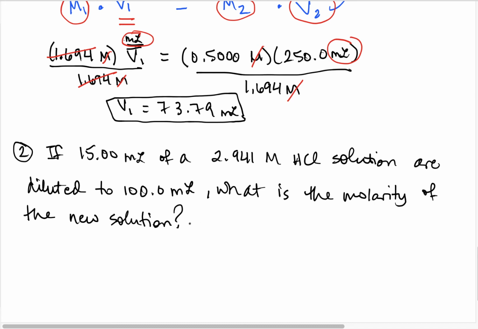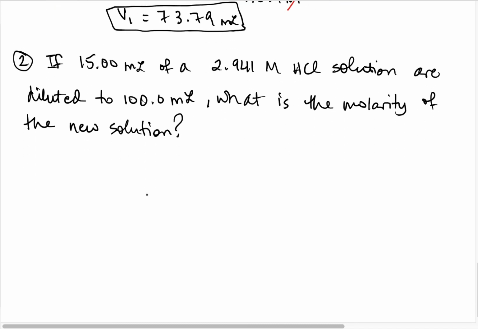All right, so I hope that you drew a picture. I'm going to go ahead and draw a picture. So my picture has my stock solution, which is 2.941 molar HCl.